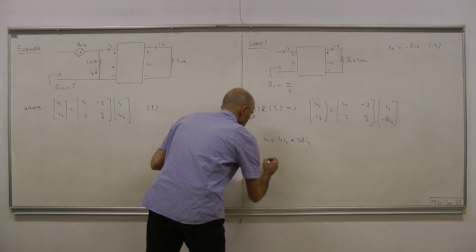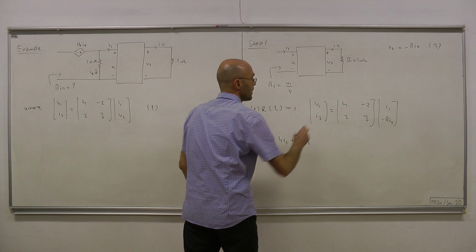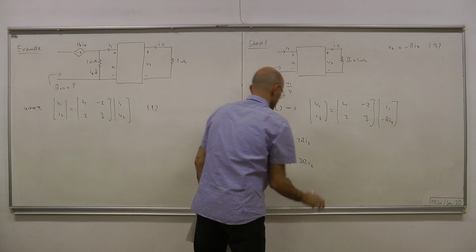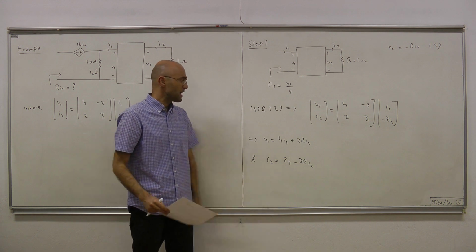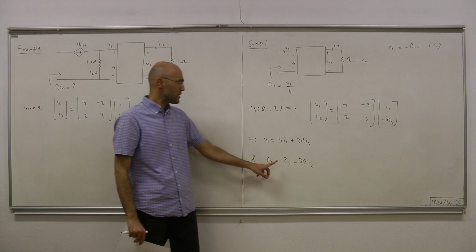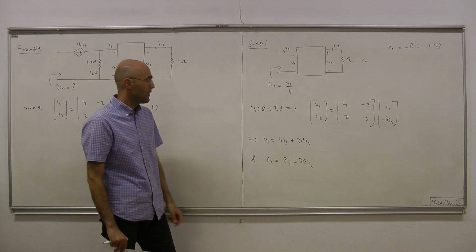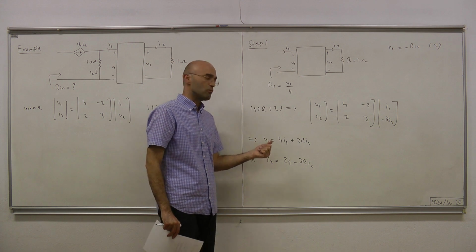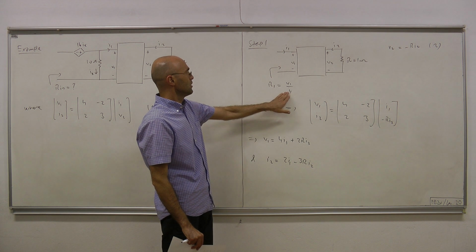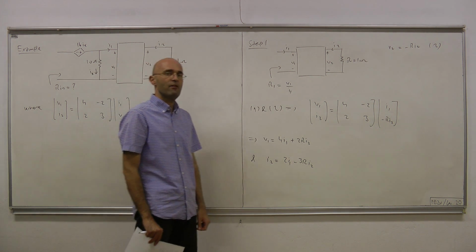And I2 equals 2I1 minus 3R I2. Using the second equation, we can express I2 in terms of I1, and then we can replace that expression in the first equation, and then that first equation becomes only in terms of V1 and I1. And since from that equation we can easily obtain the ratio of V1 over I1, we will have been done.